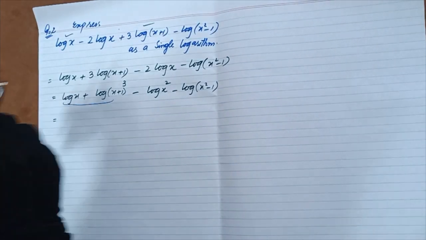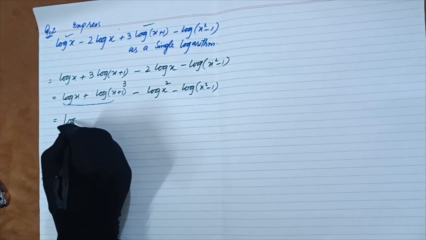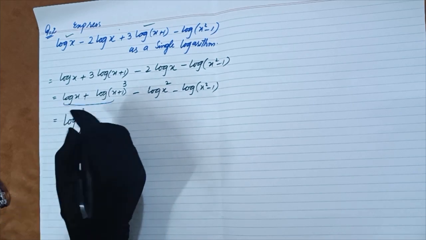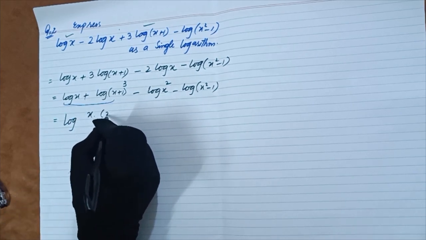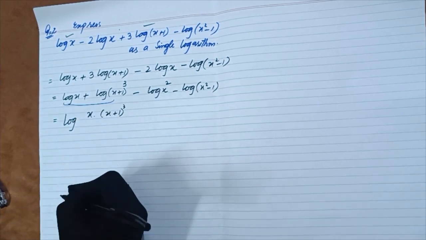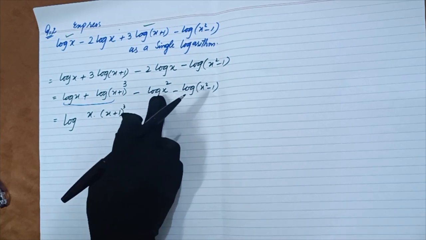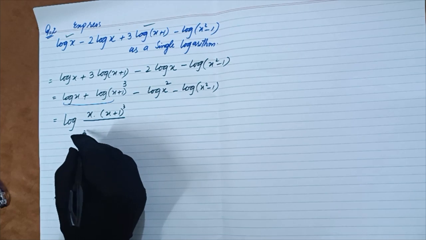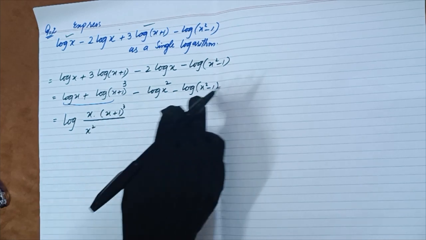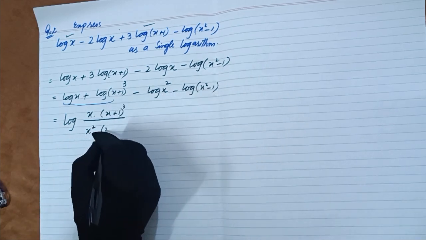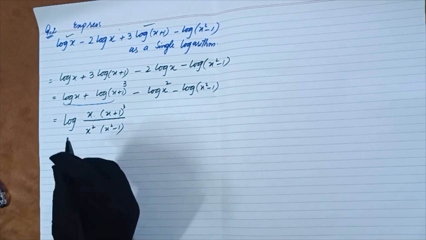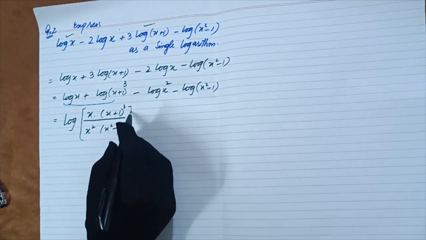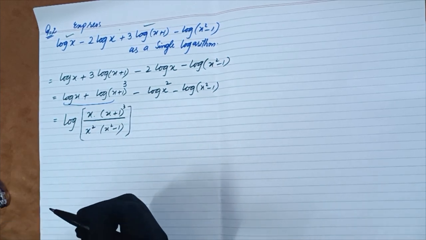It means when I apply the log as a whole, they both will be written in the product form in the numerator, and the minus ones will be shifted in the denominator. x square also in the denominator and this term also in the denominator. So it's whole in the single form.